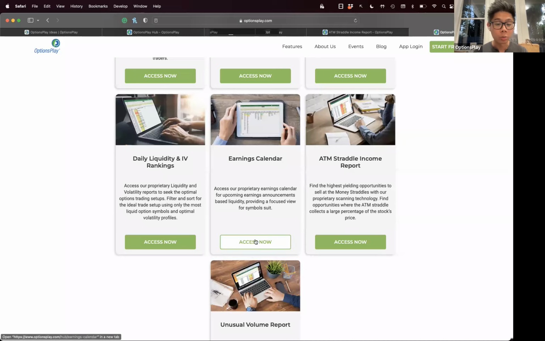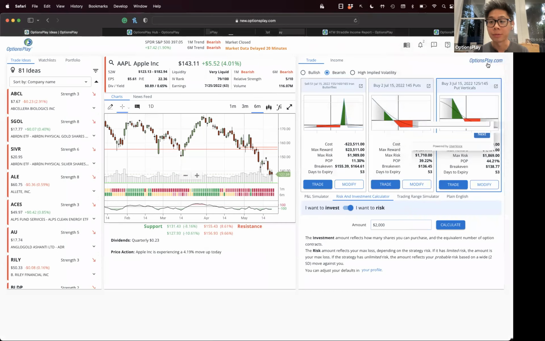We've recently made changes so that you can access all of these reports without having to log in again if you're already logged into the platform. Or if you log into the hub and then go to the platform, you'll automatically log into the platform itself. So it works both ways. Regardless of how you start your day, whether you start on the hub or on the platform, you don't have to log in both places. One place will get you logged into both.